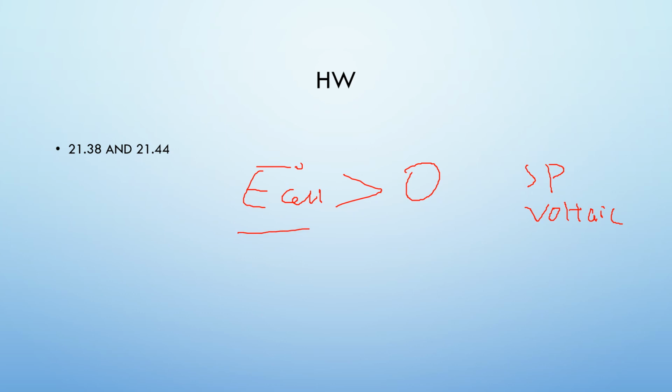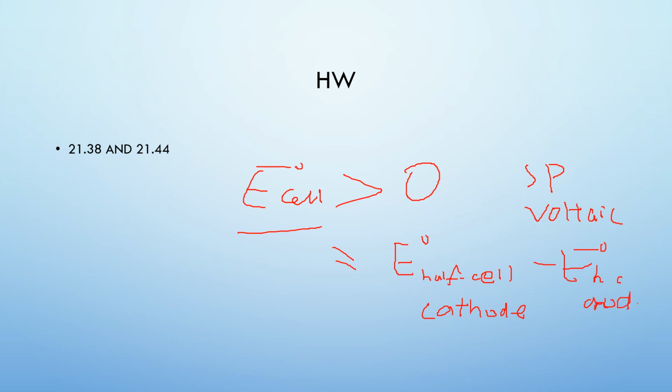And this E cell here is equal to the standard half cell potential of the cathode, so this is the cathode, minus the standard half cell potential of the anode.